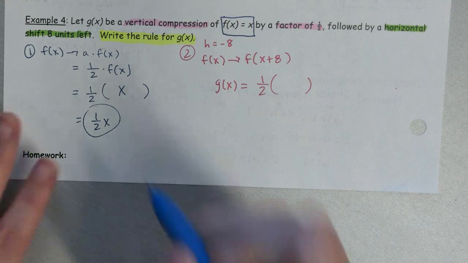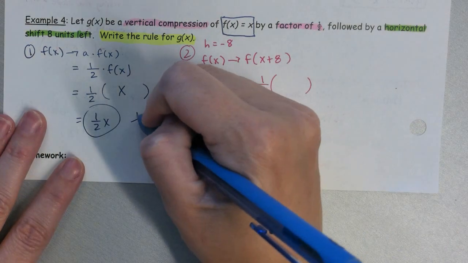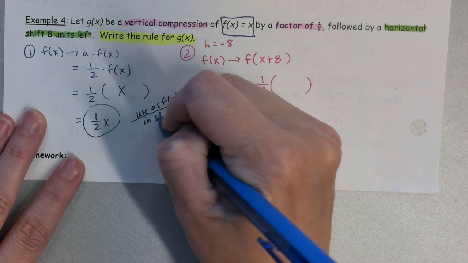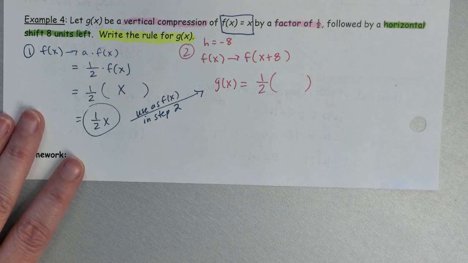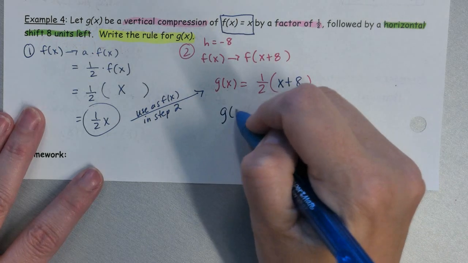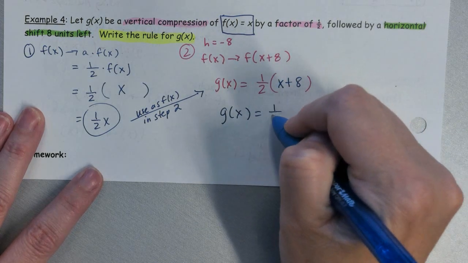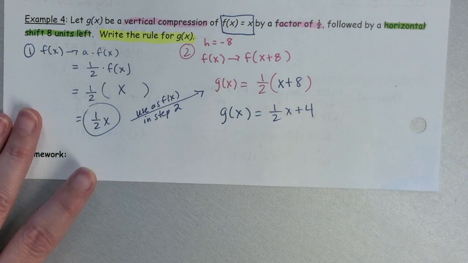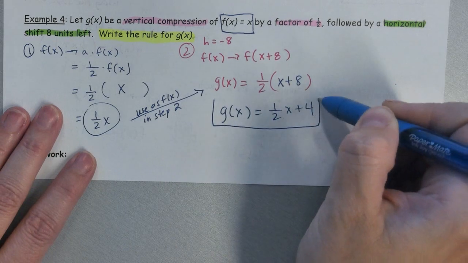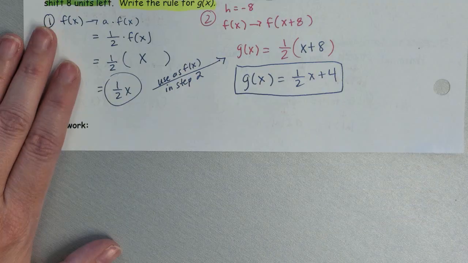Okay, so you're using this as f of x in step 2. Okay, and then you're going to plug in your x plus 8. And then distribute. So you have 1/2 x plus 4. You distribute because you have your 2 terms. And that's your final answer.